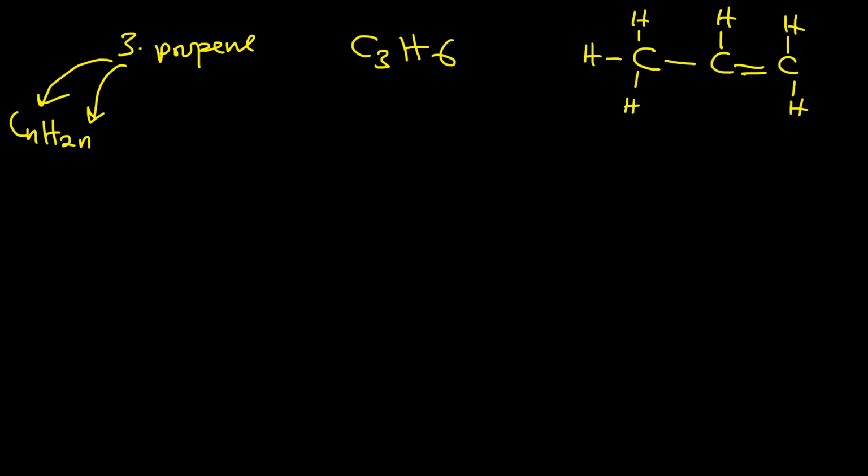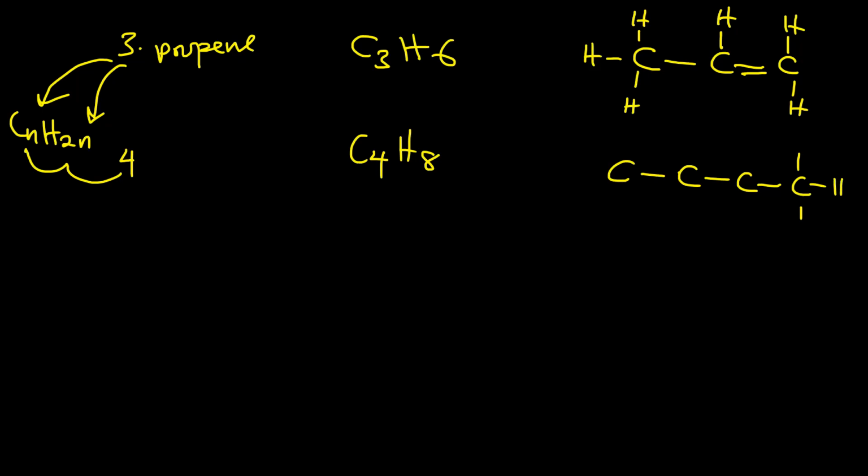Let us look at the one with 4 carbons. So 4 carbons, we put carbon there, carbon there. We are going to have C4H8. The structure, we draw 4 carbons. At least between 2 carbons, there should be a double bond. So if we choose to put the double bond there, the others will just be bonded like that.